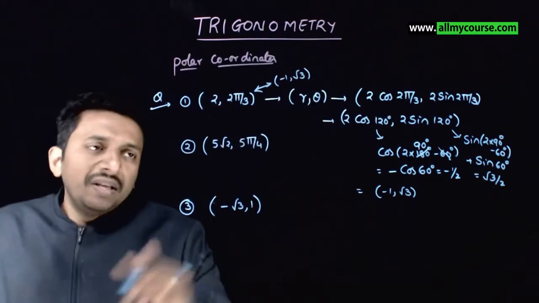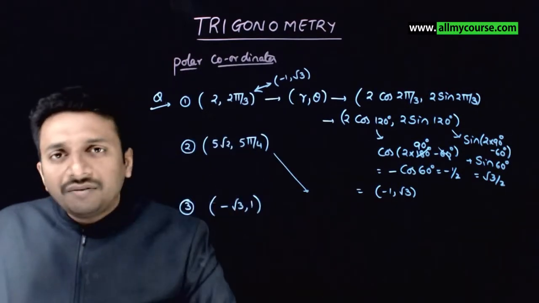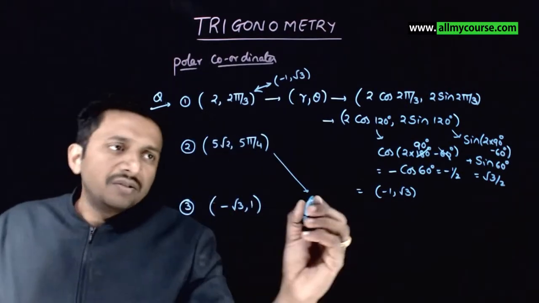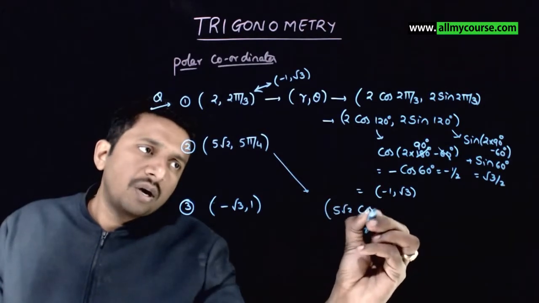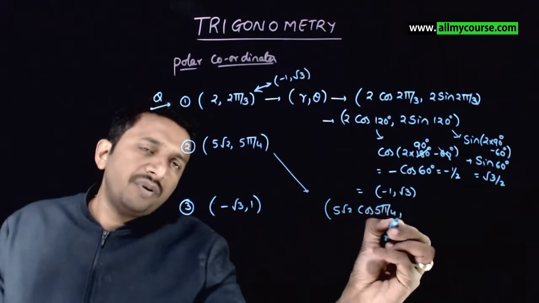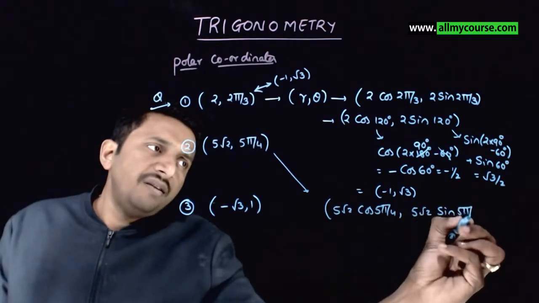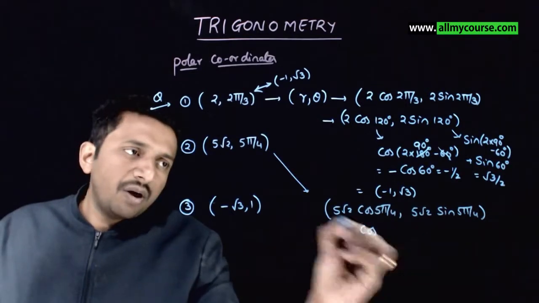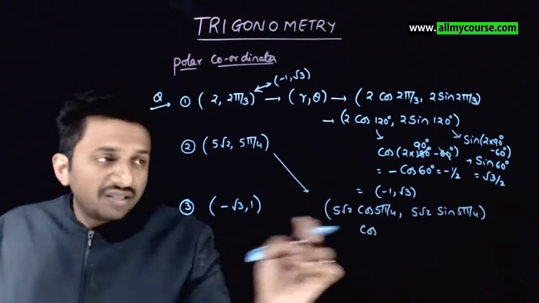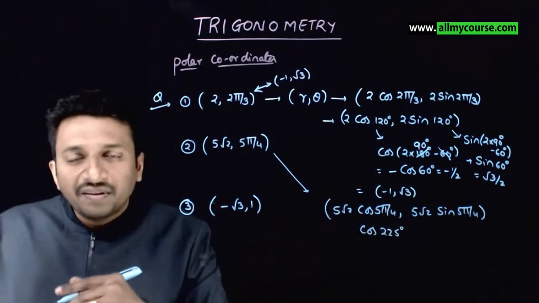Very simple. Next, let us go for 5 root 2 comma 5 pi by 4. The corresponding Cartesian coordinates will be 5 root 2 cos 5 pi by 4 and 5 root 2 sin 5 pi by 4. Now pi by 4 is 45 degrees, so 5 pi by 4 is 5 times 45 degrees, which is 225 degrees.